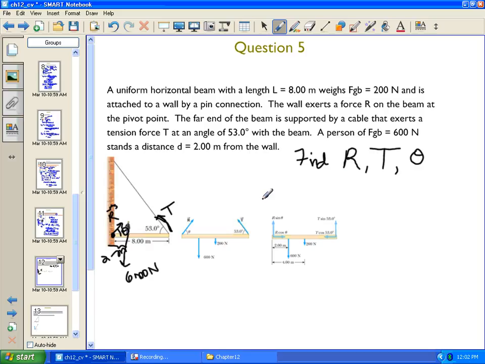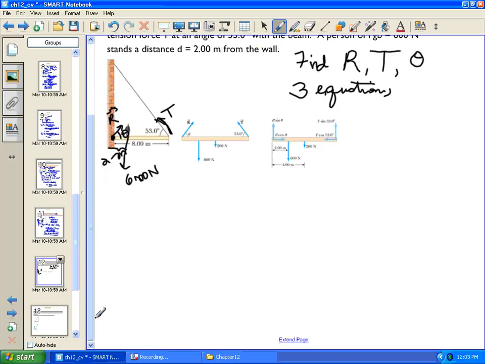How many unknowns is that? 3 unknowns, which means we need 3 equations to solve for these unknowns. Without the 3 equations, we are unable to solve for the unknowns. So what are we going to do to get 3 equations? Let one equation be the net force in the y direction, and here we're working in equilibrium, so we set that equal to 0.